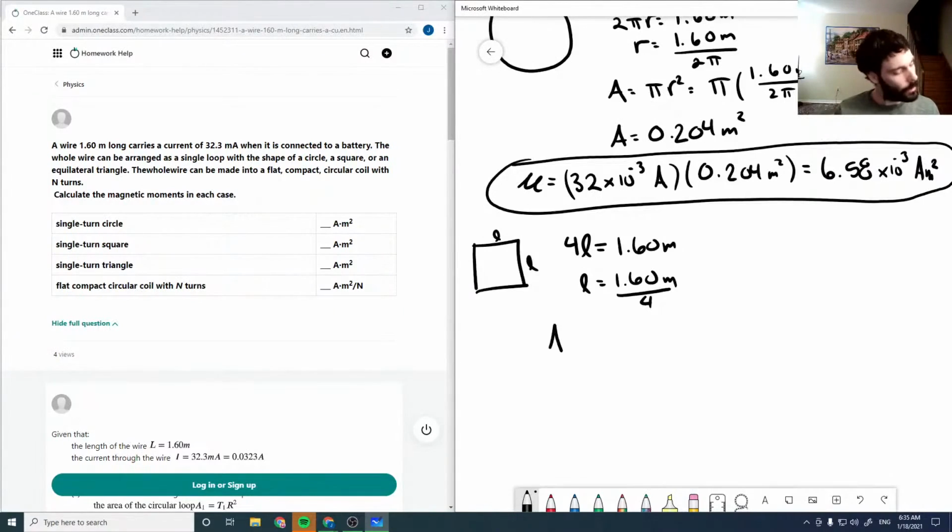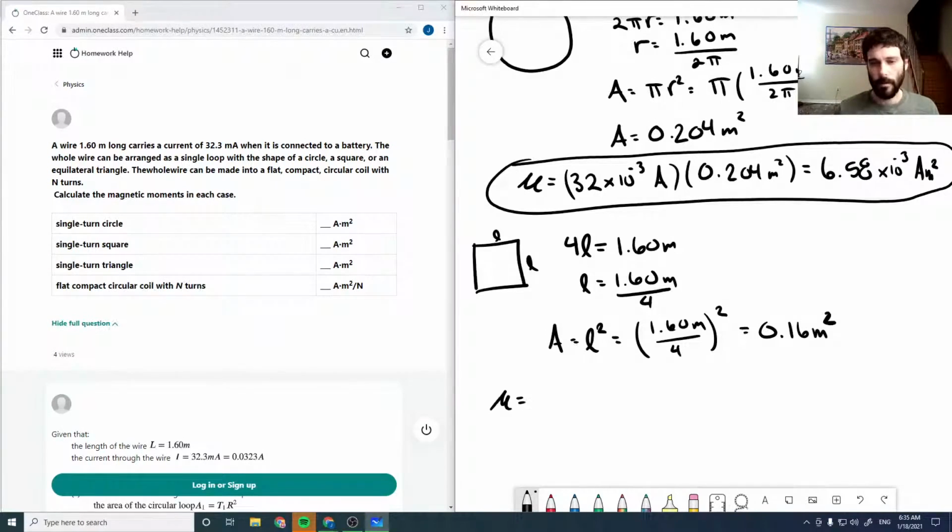And so our area is L squared for a square, which is (1.60 meters over 4) squared, which is 0.16 meters squared.